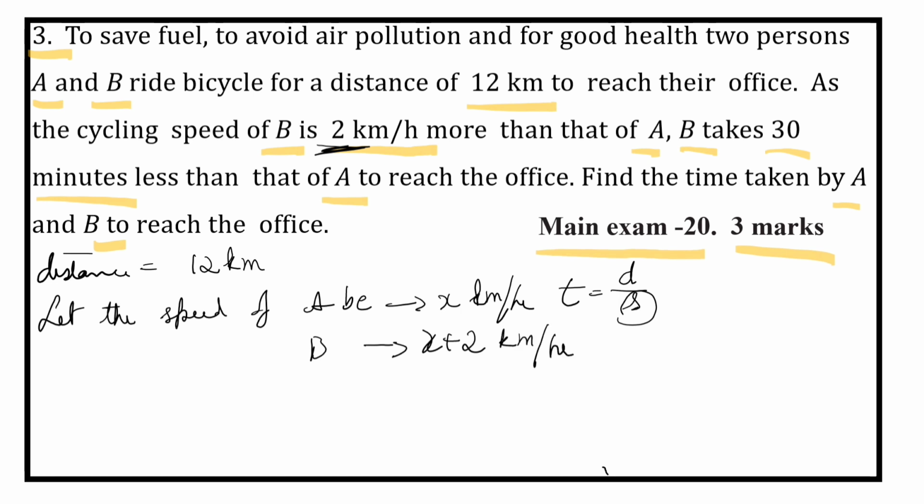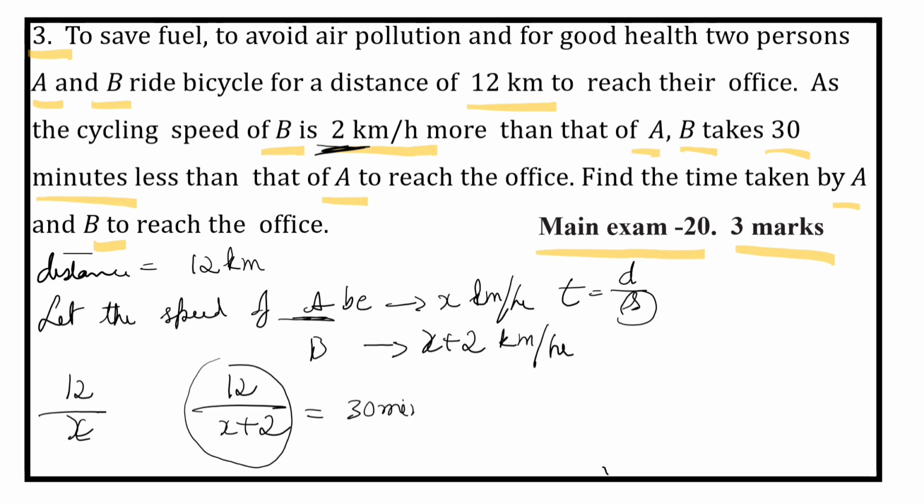So time taken by A to reach office, distance by speed, distance is 12 by x. This is the time taken by A. Time taken by B is 12 by x plus 2. Here this person B would reach office 30 minutes earlier than A. So 12 by x minus 12 by x plus 2 is equal to 30 minutes.